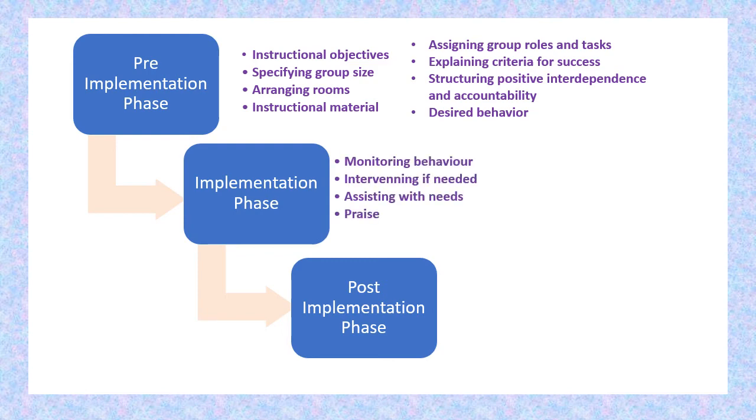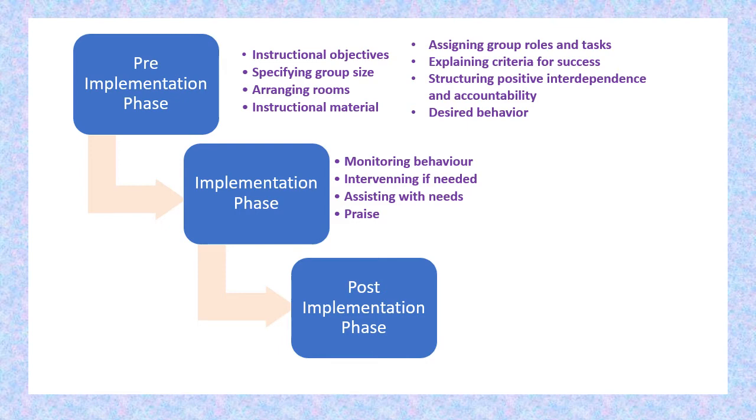Now here in this phase, teacher and students both have their role. This is the teacher's role. First is monitoring behavior. The instructor should roam around the classroom and visit each group. Second is intervening if needed.